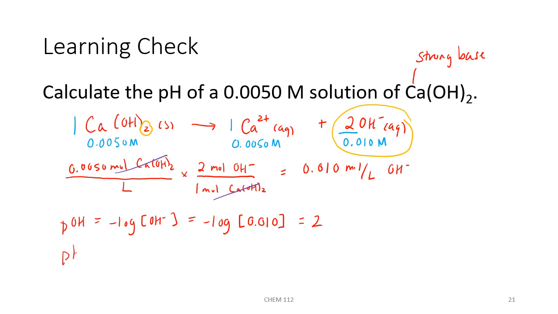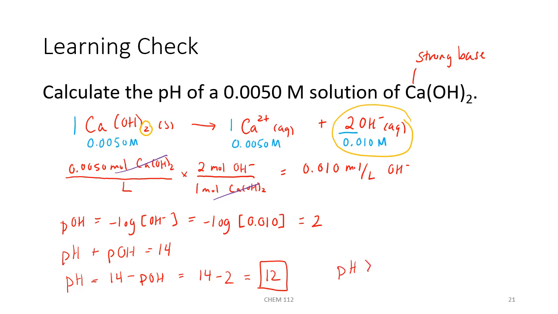And then our pH plus our pOH will be equal to 14. The pH of our calcium hydroxide solution will be 14 minus the pOH. So we'll have 14 minus 2, which gives us a pH of 12. Once again, our pH is greater than 7, which we expect because we had a strong base. So a pH greater than 7 is a basic solution.